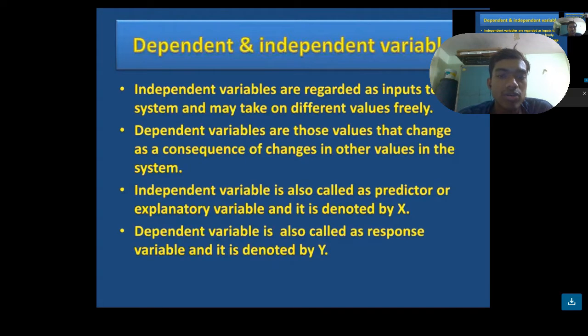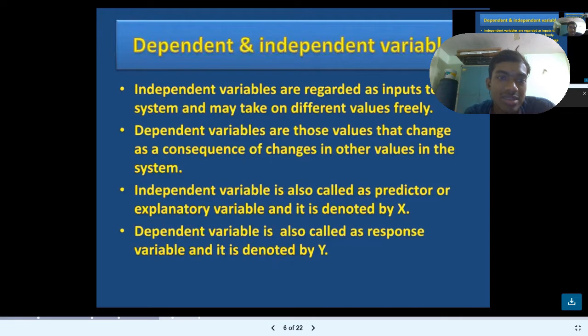The independent variable is also called the predictor or explanatory variable, and it is denoted by X. Similarly, the dependent variable is also called the response variable, and it is denoted by Y. The independent variable, as the name says, is completely independent, while the dependent variable depends on other factors or variables.